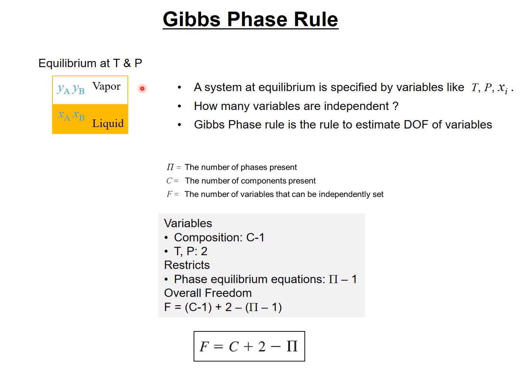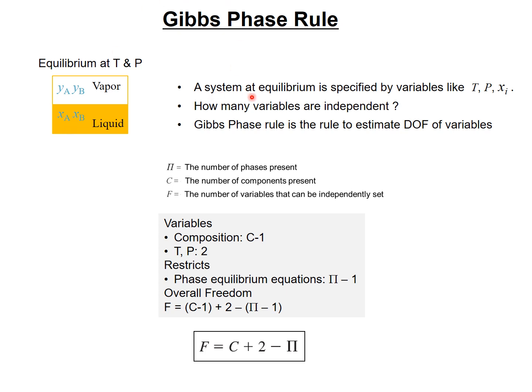You have a box or container, and at the very first time, you have a liquid mixture of A and B. And then you are trying to make equilibrium at a certain temperature and a certain pressure. Then the single liquid phase is split into vapor and liquid. Vapor has its own composition, and also liquid has its own composition. That is the equilibrium situation.